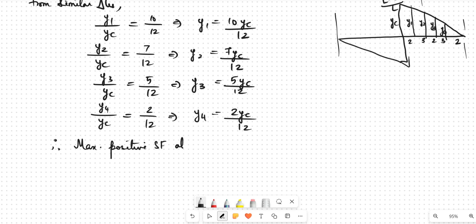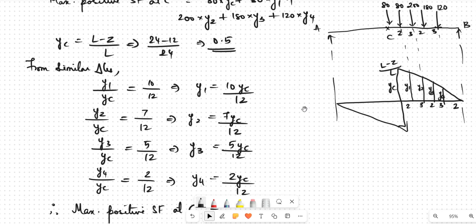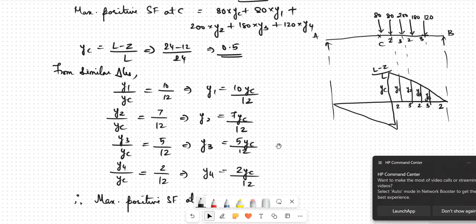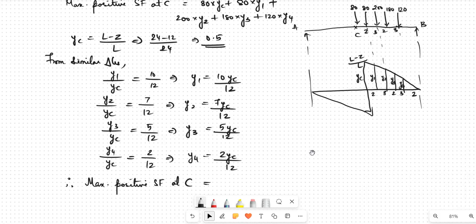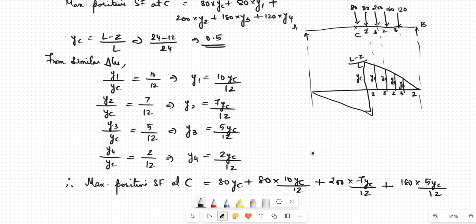positive shear force at C for this load position is, substituting in the equation already written, 80 into 80 YC plus 80 into 10 YC by 12 plus 200 into 7 YC by 12 plus 180 into 5 YC by 12 plus 120 into 2 YC by 12.